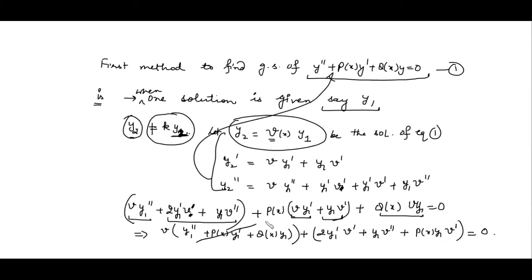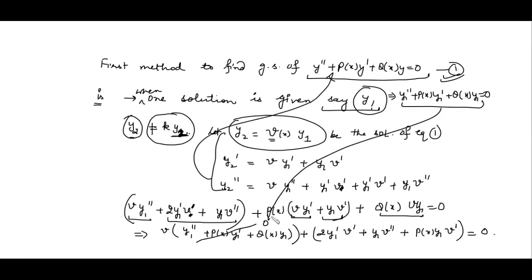Now this is 0. Why is this 0? Because it is given that y1 is a solution of equation 1. Since y1 is a solution of equation 1, this implies y1 double prime plus p(x) y1 prime plus q(x) y1 is 0. So we can substitute this 0 over here. So we are left with only this equation.